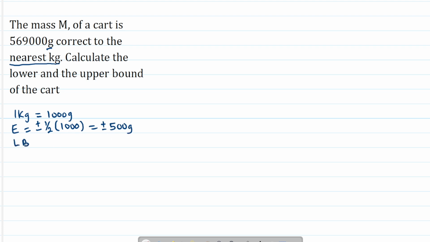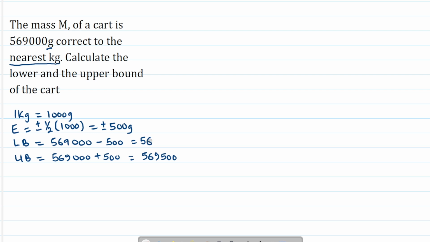Therefore, the lower bound for the mass of the cat will be 569,000 minus 500, and the upper bound for the cat will be 569,000 plus 500. That will give us 569,500 for the upper bound, while the lower bound will give us 568,500.